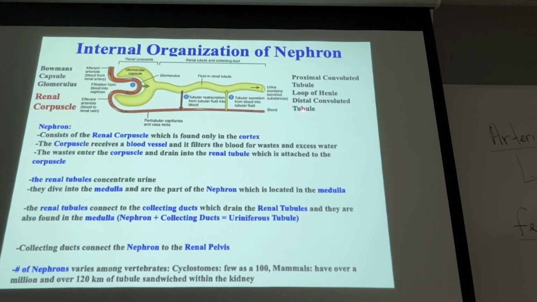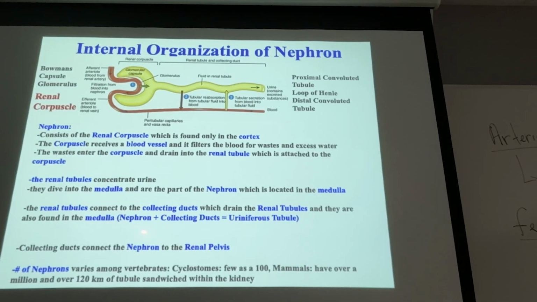What you end up with is definitive urine, the actual urine that you want to get rid of, at the end of the renal tubule. I'm going to dump that urine into a collecting duct, and that collecting duct will then drain through the papilla.